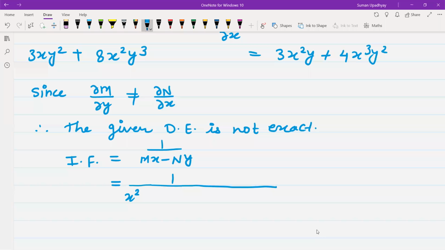So it will become x²y² + 2x³y³. Minus, now you multiply N with y: it will become x²y² + x³y³. So is there any term which is getting cancelled out?